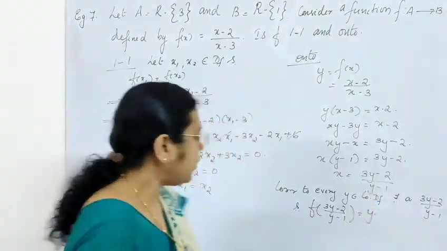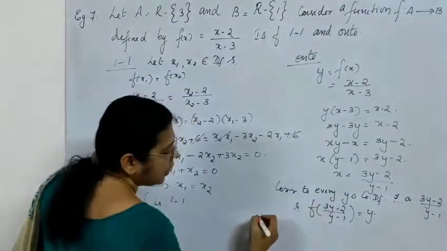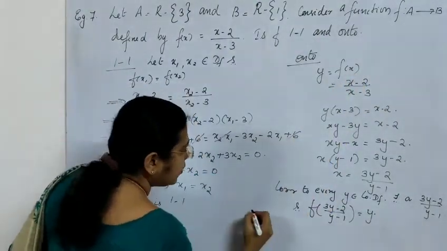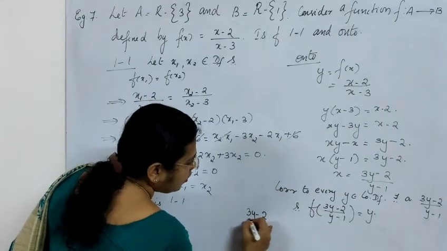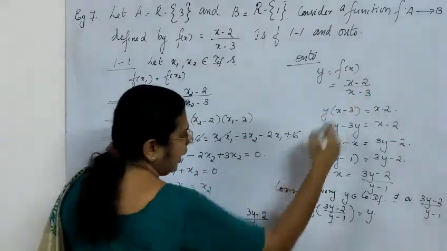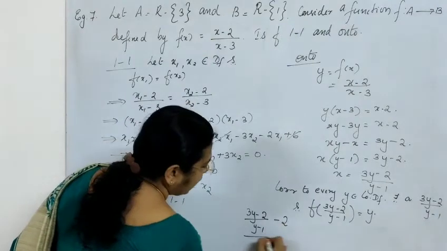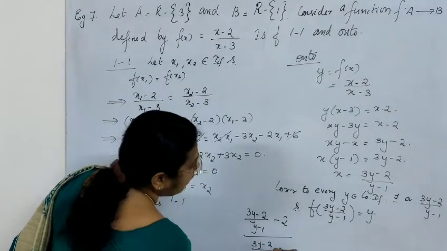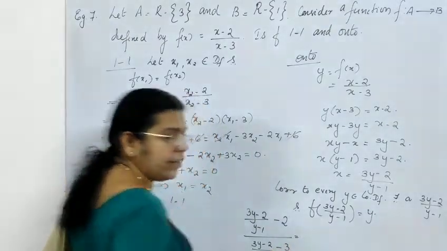I may check now whether this is the same. What is f of this? f of x is equal to this. On substituting (3y minus 2)/(y minus 1) for x in (x minus 2)/(x minus 3), simplify this.